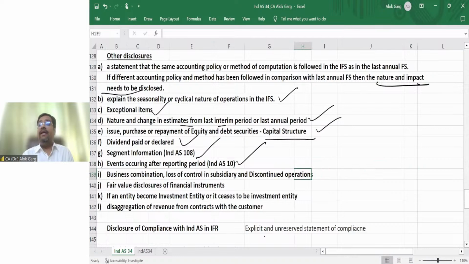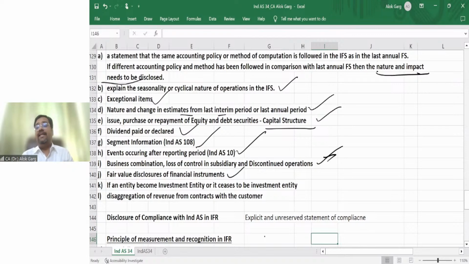If the company has acquired any business or company, or divested, lost control of its subsidiary, or shut down its operations, this acquisition of business, shutting down of business operations, or losing control of a subsidiary is required to be disclosed in the interim notes to accounts.